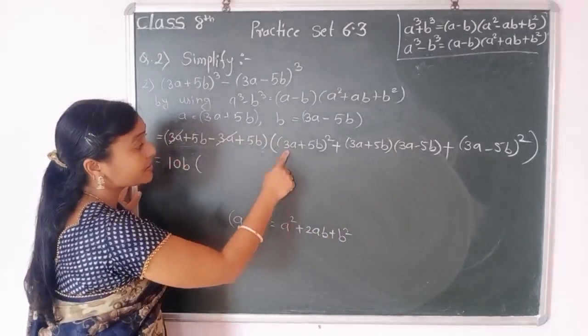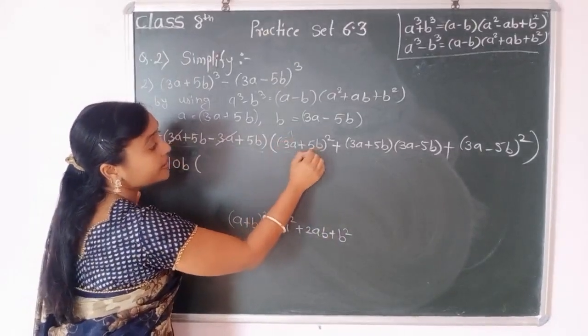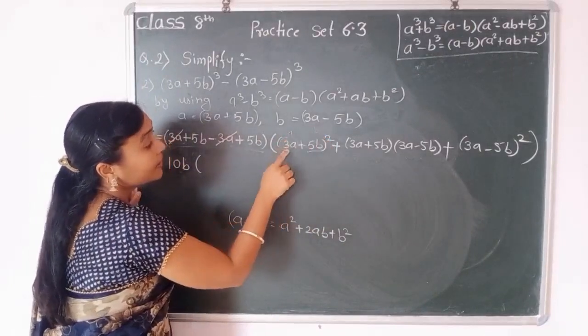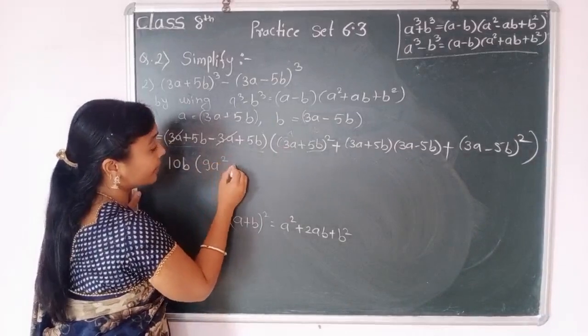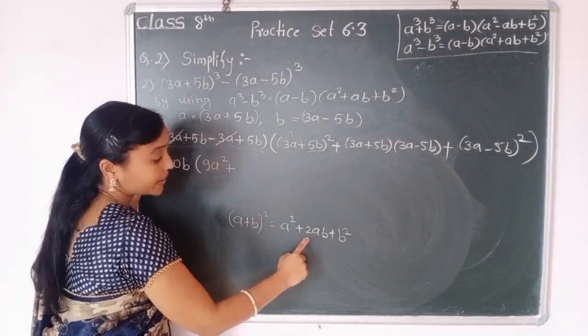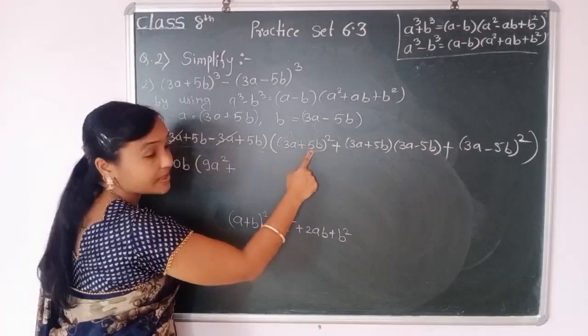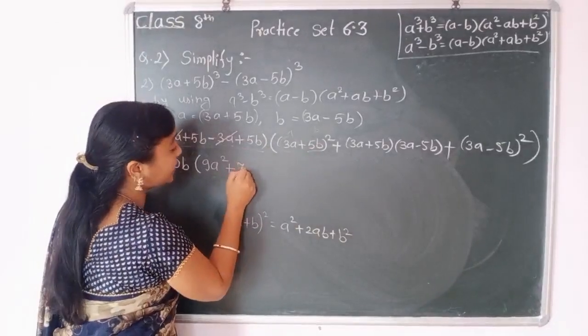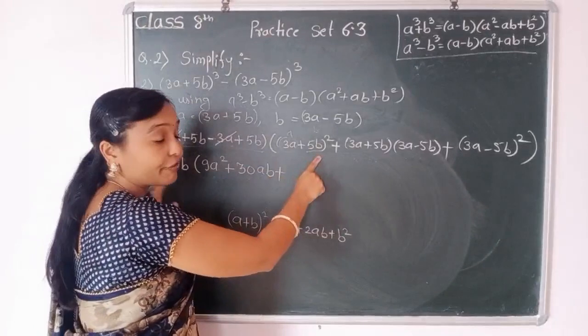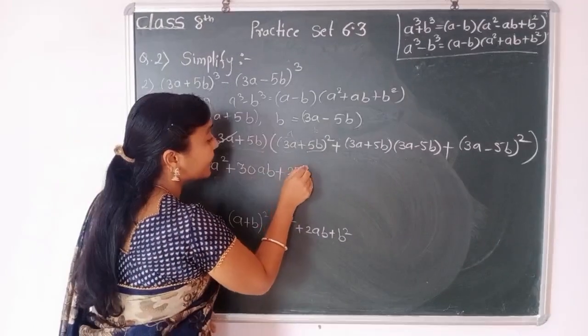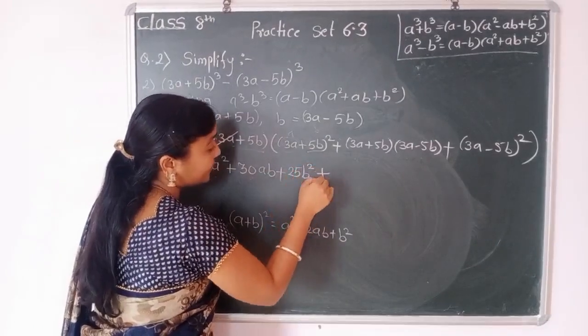This is our a and this is the b. 3a square means 9a square, plus twice ab means 5 times 3 is 15, 15 times 2 is 30ab, plus b square, 5b square means 25b square, plus.